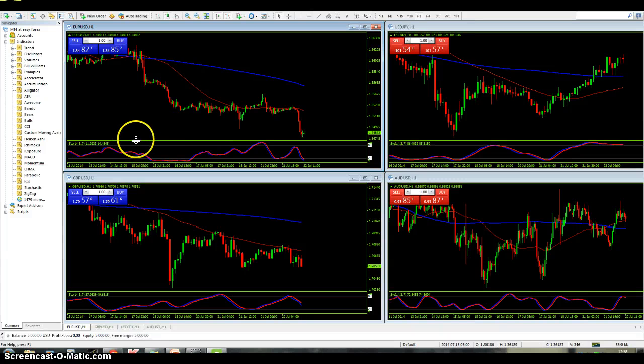One thing to note is if you have too many trades against the US dollar and something changes, your exposure is a little bit too much. Let's just say you're buying the British pound, you're buying the euro, you're selling the Japanese yen, and you're buying the Aussie dollar.